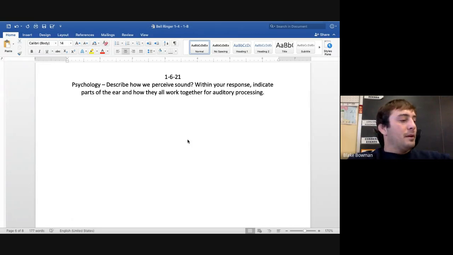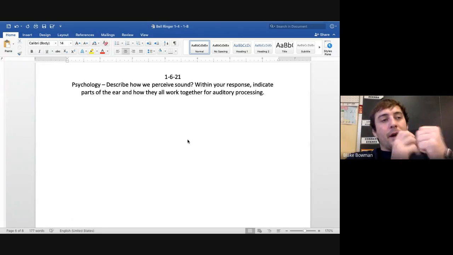We have the hammer, the anvil, and the stirrup. There are other names for it, but just to keep it basic right now, we're just going to call it the hammer, anvil, and stirrup. And as the eardrum's vibrating because of the sound waves coming through the ear canal, it is also moving the three bones in the middle ear.